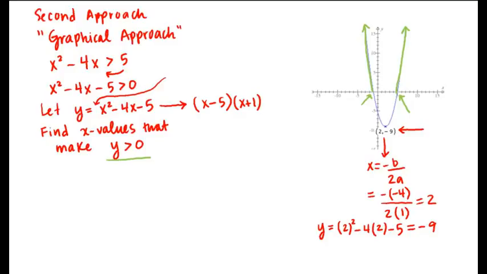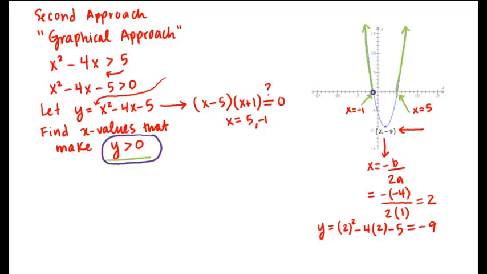And the x-intercepts are the values where this is equal to 0. And these values are x equals 5 and negative 1, which means this here is x equal to negative 1, and this is x equal to 5. Now we know y is equal to 0 at those values, but we're only interested in the x values that make y strictly greater than 0.